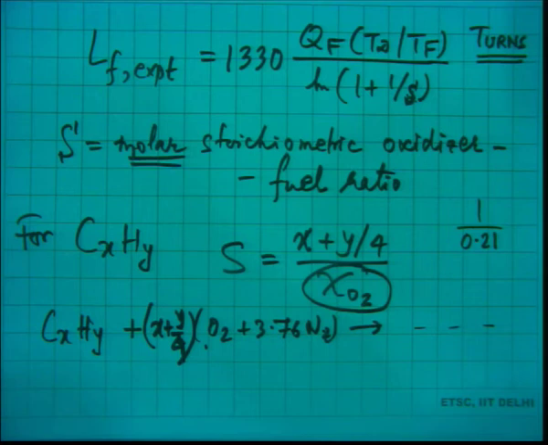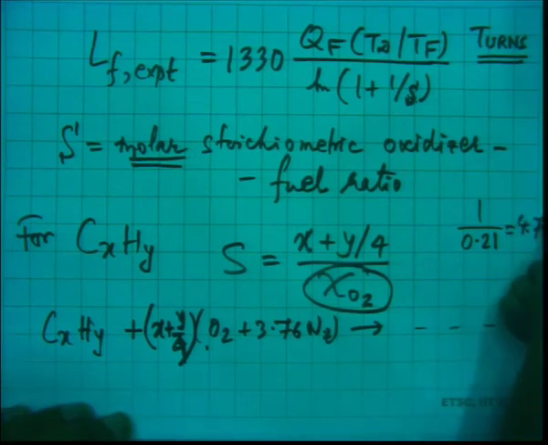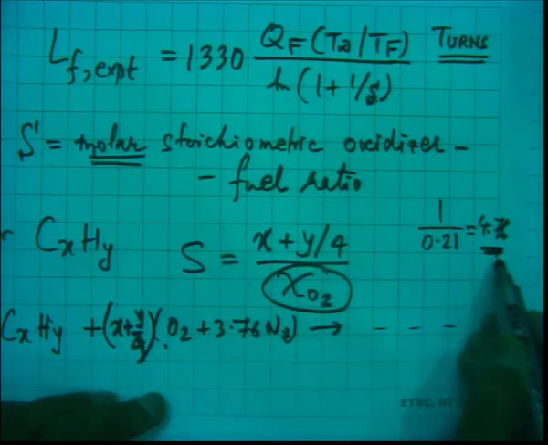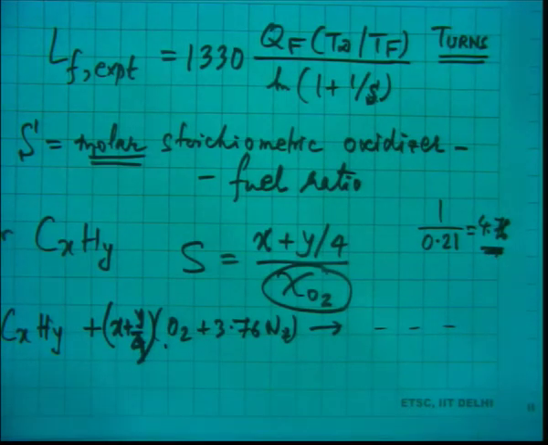Why I want this value is that, what is this? 4.76, right. So, actually that is why I waited, I wanted you to get this number. So, this number is familiar. That 4.76 is 1 plus 3.76. So, this is 4.76 moles of air basically.